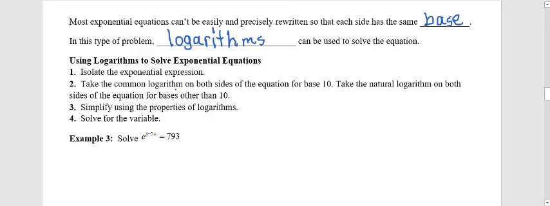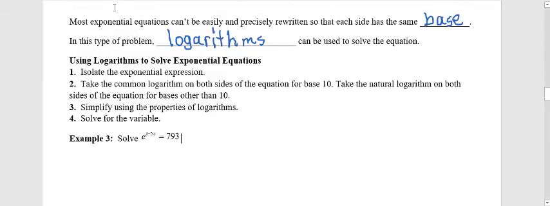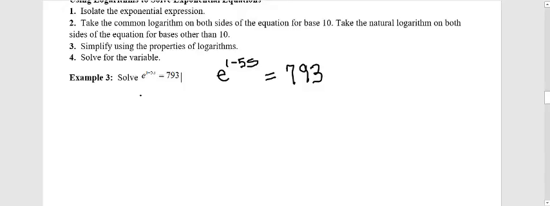So we're going to isolate the exponential expression, take the common logarithm on both sides of the equation for base 10, take the natural logarithm on both sides for bases other than 10, simplify using log properties, and solve for the variable. So let's solve e to the 1 minus 5s equals 793.